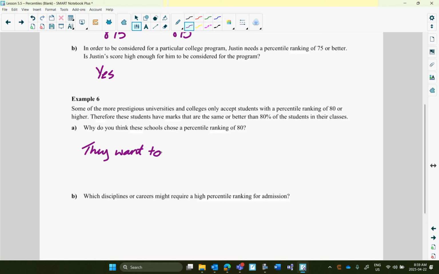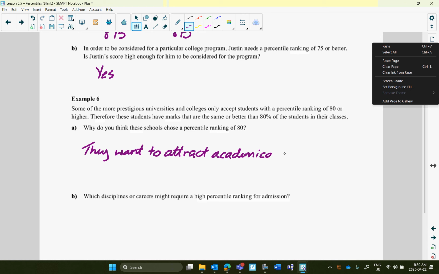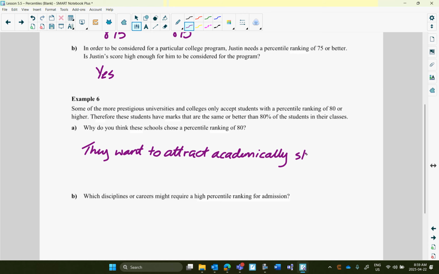They want to attract academically strong students. Because remember, the lower ones won't make it. It's the ones that are at the 80th percentile or higher.